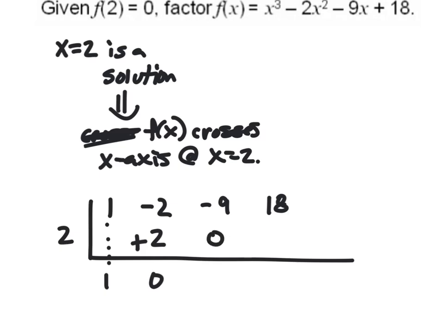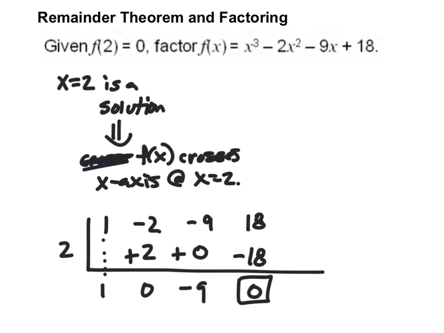So -9 plus 0 gives me a -9. Then 2 times -9 gives me -18. And 18 plus -18 gives me 0, and this is my remainder.